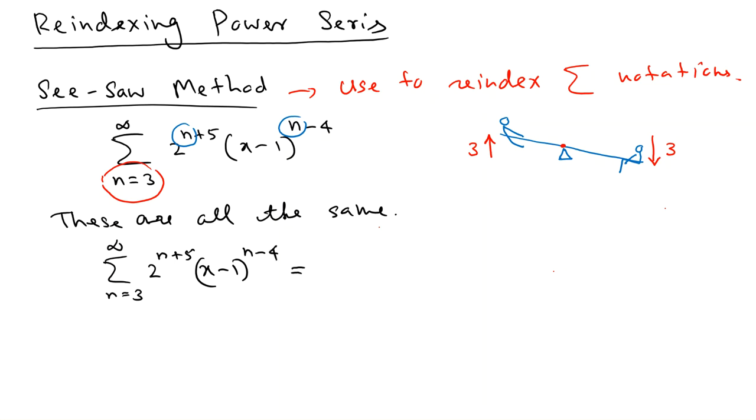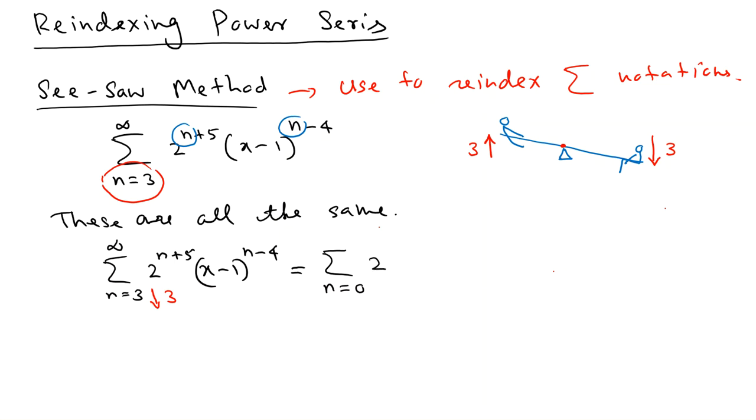Let's decrease the outside index by 3 units. If you decrease it by 3, your index now starts with n equals 0. Since you decrease outside, you increase inside.